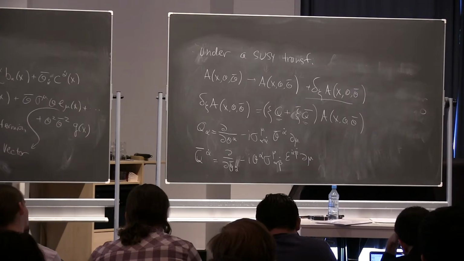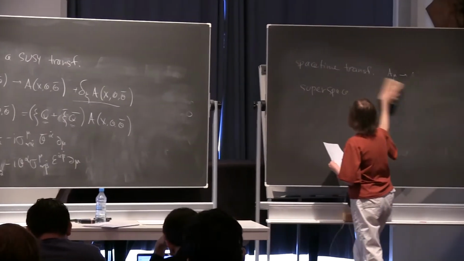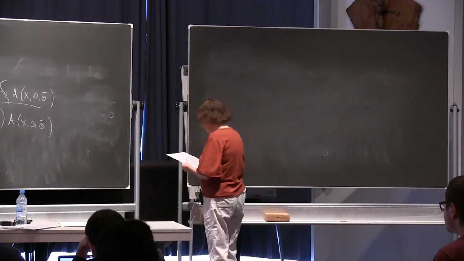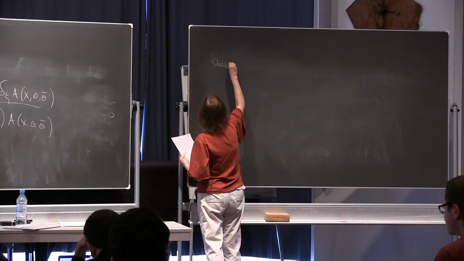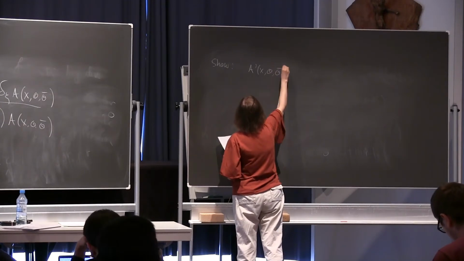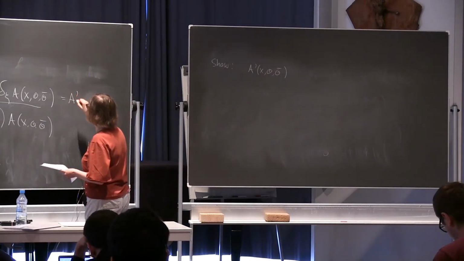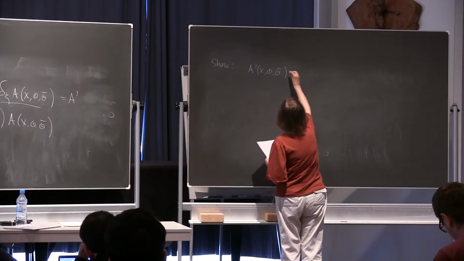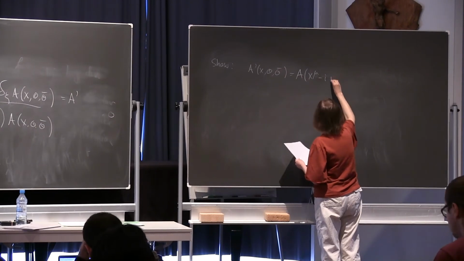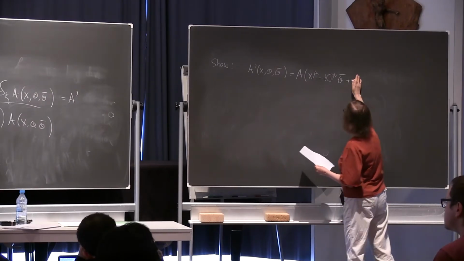And we can see that in stages. The first thing that I want you to check, and again, this is another exercise, is to show that A prime of x, theta and theta bar, namely this over here, is equal to A of x mu minus i sigma mu theta bar plus i, sorry, where's my xi?